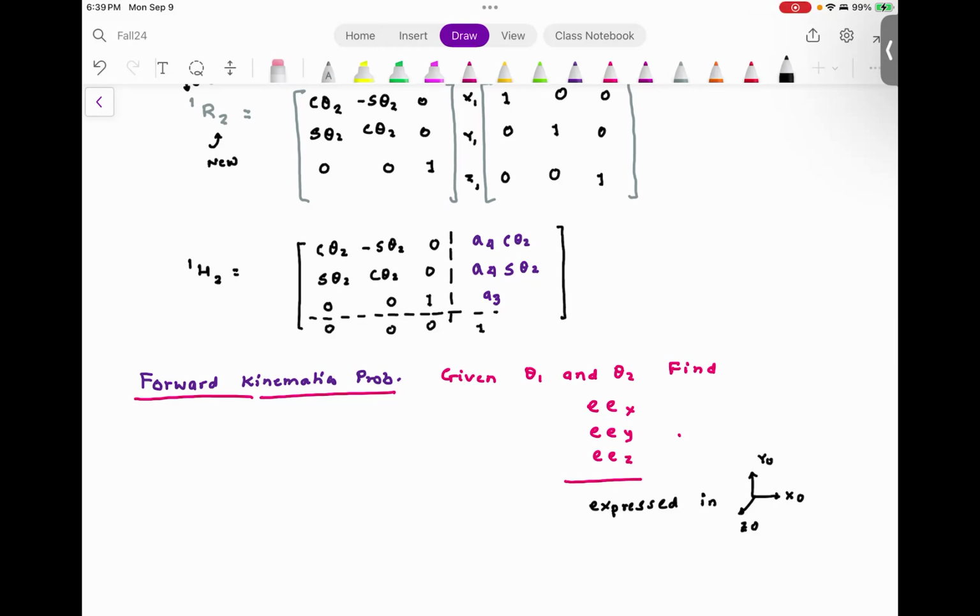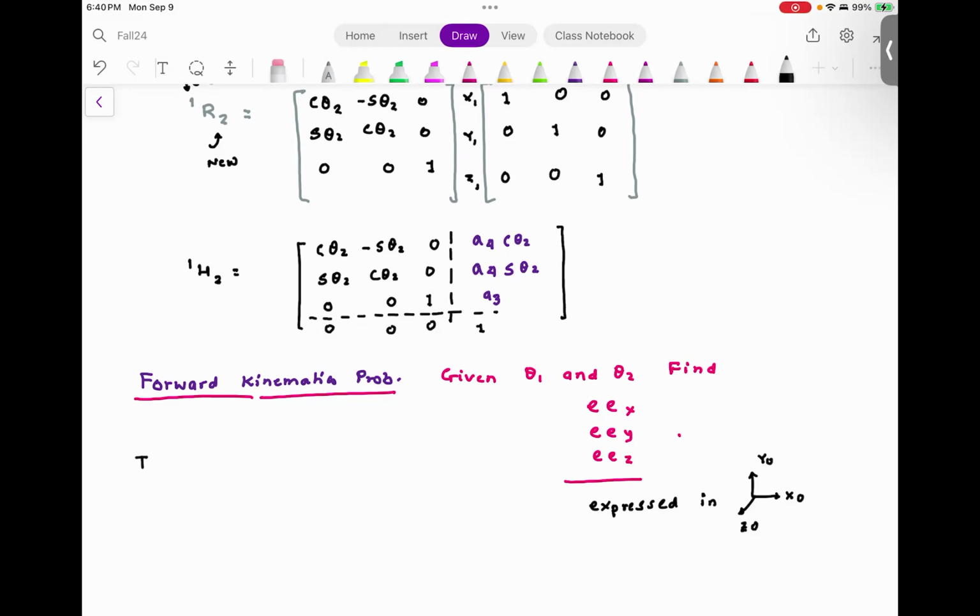Okay, now, since we are doing forward kinematics, let's do inverse kinematics. So 2 chapters in one shot. So forward kinematics problem is given theta 1 and theta 2, which are nothing but the joint angles. Find the end effector position. So you program the joint angles and the robot goes to a specific position.